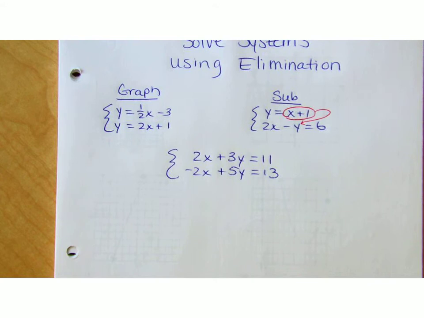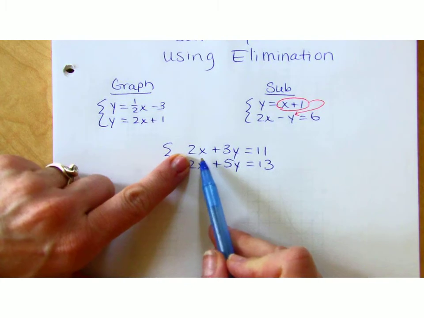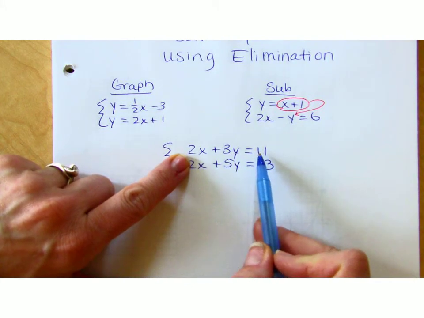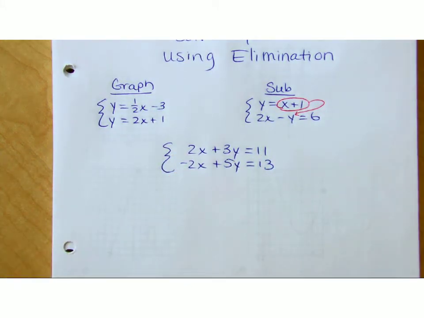You would go, oh gosh, none of them have a coefficient of just 1. Even if I solve this one for x and divide these by 2, I'm going to have decimals. Nothing looks good, even solving it for y to graph it. So I am now going to show you a method called elimination that is going to take that from what you would think is the hardest problem to the easiest problem.